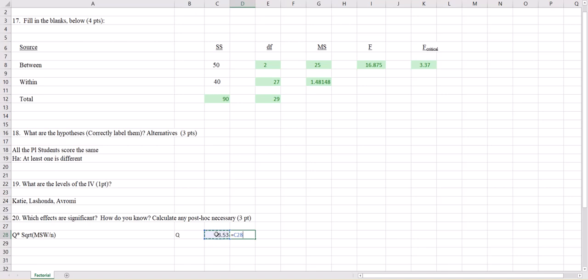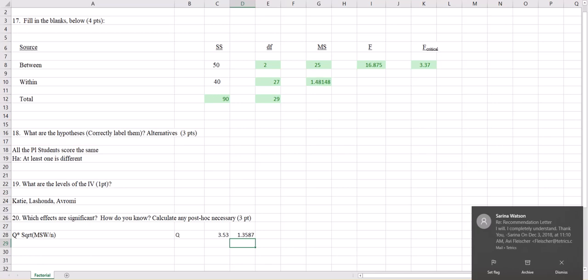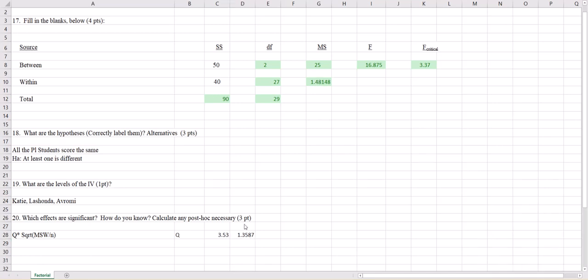Equals 3.53 times the square root of our mean squared within divided by our sample size for each group, which was 10. So now we have our 1.3587, which is our honest significant difference.